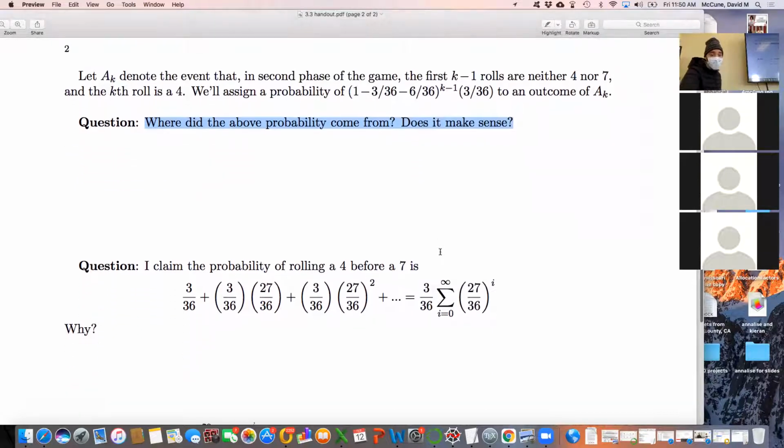Okay, so I claim the probability of rolling a 4 before a 7 is this sum. Why is that? In particular, we all said we agreed with this. Where is this sum coming from? How does it relate to that formula up top? Okay, good. So this first 3 out of 36, Trent says, is just rolling a 4 right now.